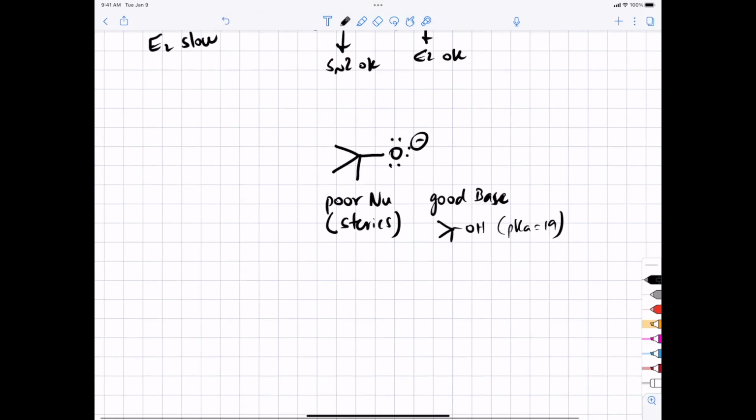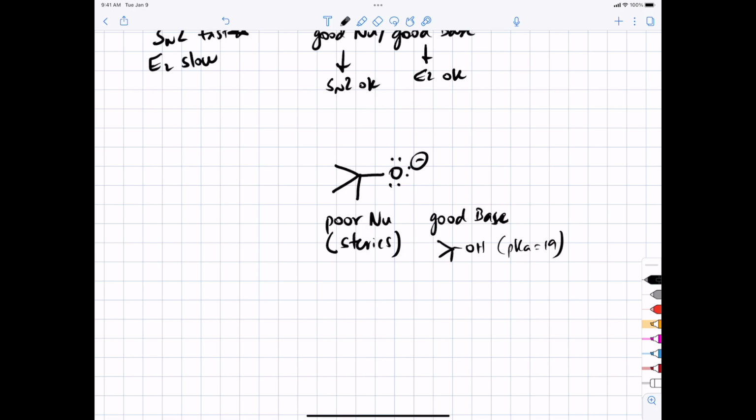So now let's think about using the following alkyl halide as starting material.